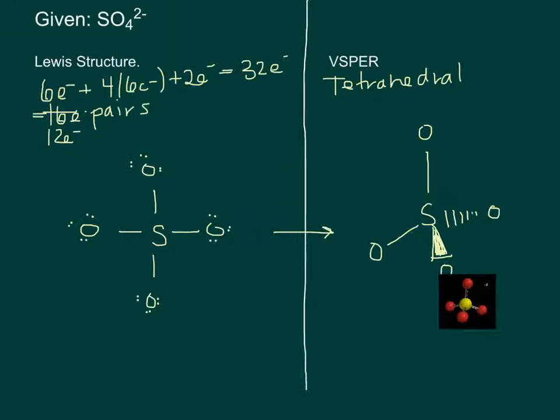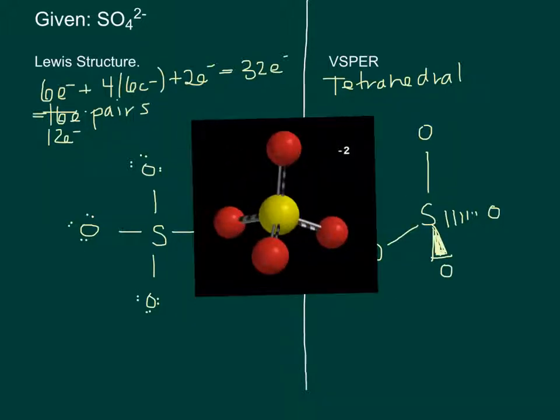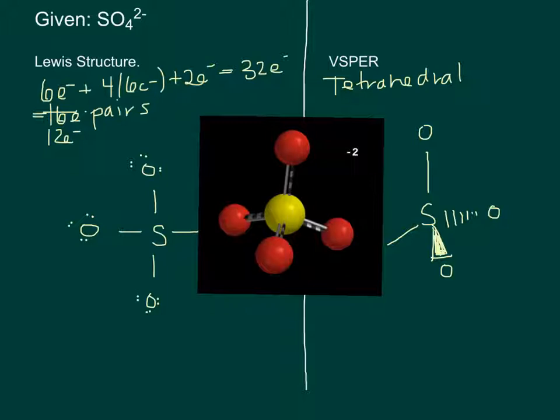So here we have a 3D diagram, which is a lot better than mine. In the middle, in black, we have sulfur. And then coming out of the sulfur towards the y-axis, we have our first oxygen.